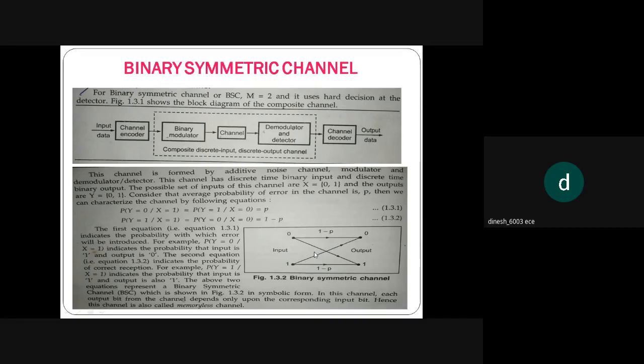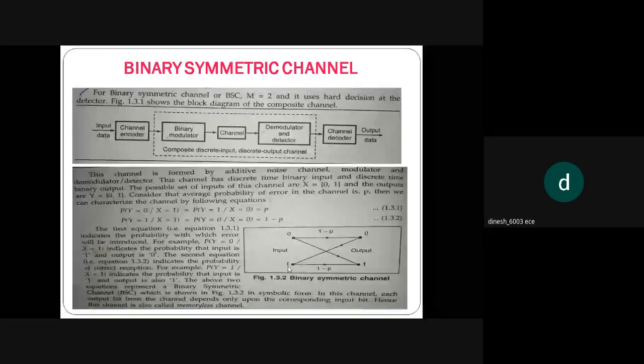With this, I'll write these equations. The probability of y equal to 0 will be obtained in two different cases. When x is equal to 1, y is equal to 0, which has probability p.